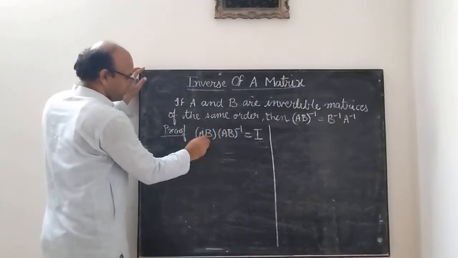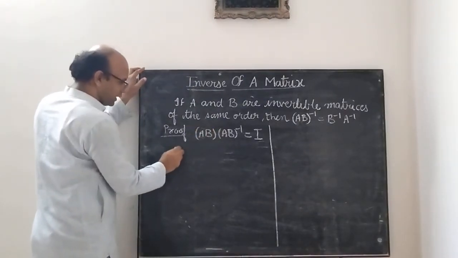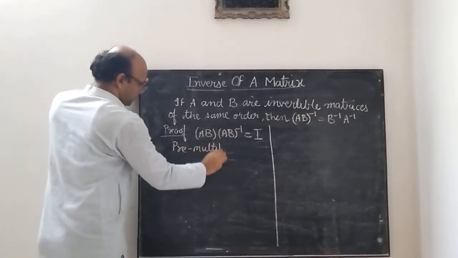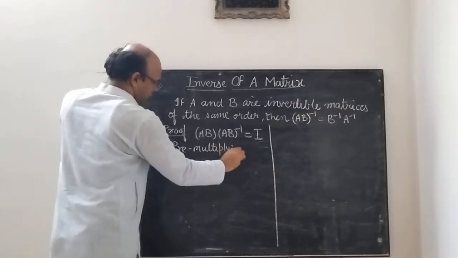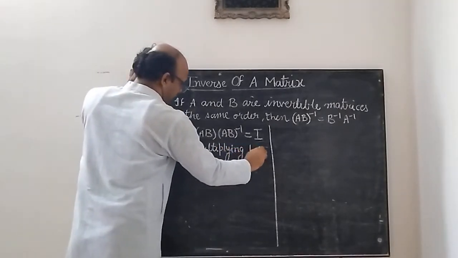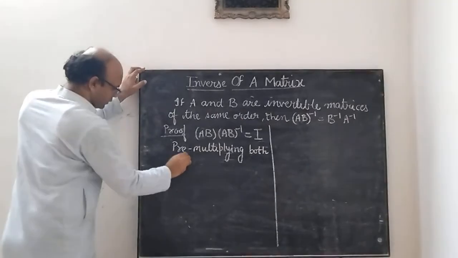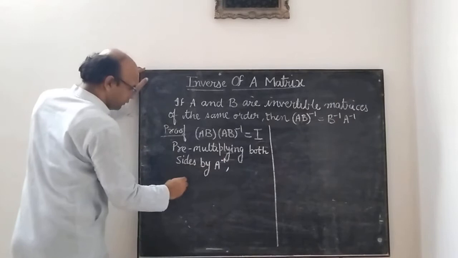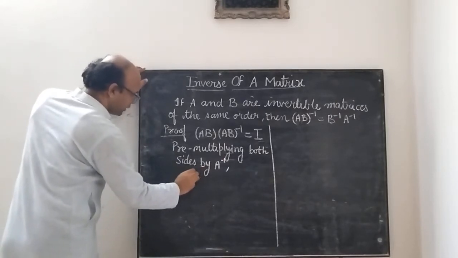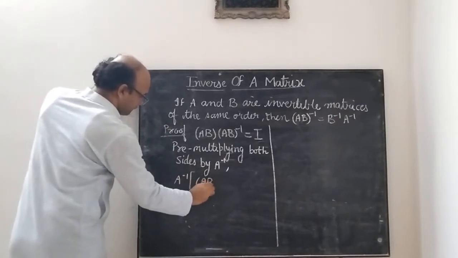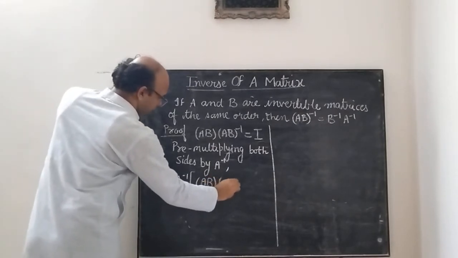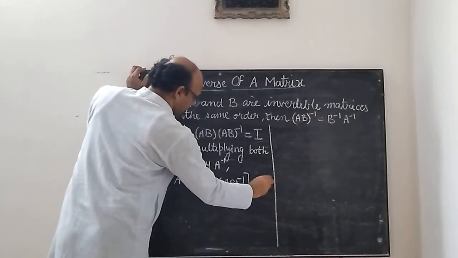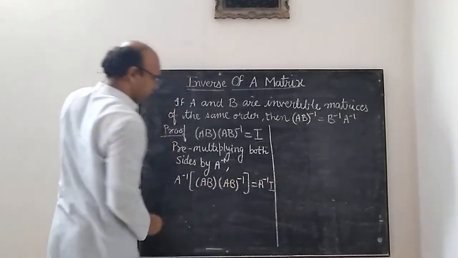Because we have to deal with this, we have to remove this somehow. So what we do is pre-multiply both sides by A inverse. What we get is A inverse AB, this is AB whole inverse, is equal to A inverse into the identity matrix.